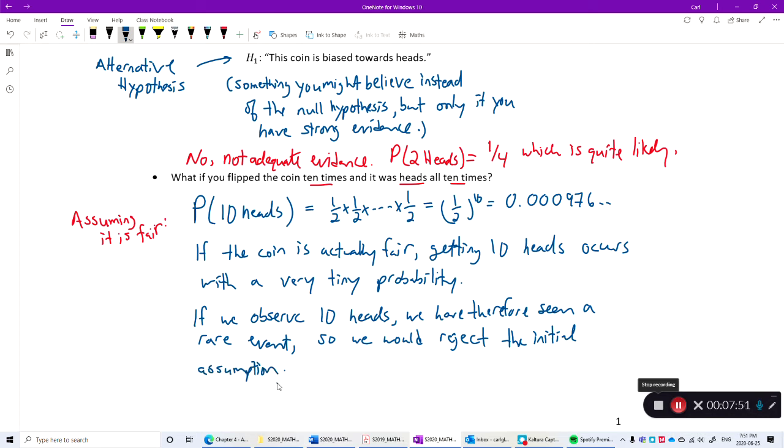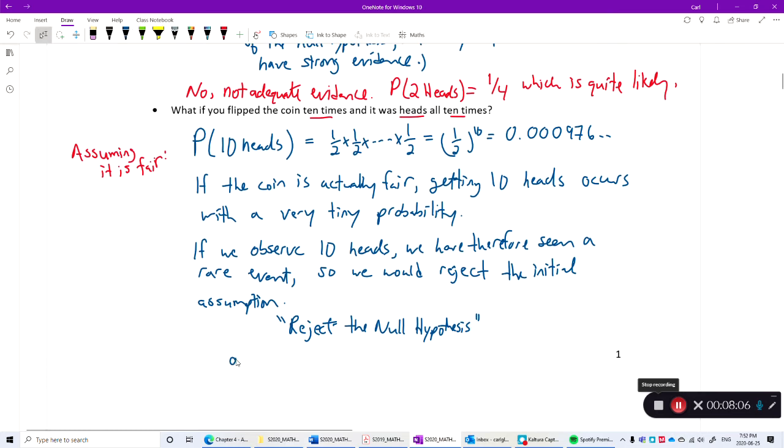So the way we put this is we say we reject the null hypothesis. And therefore, we would accept that it is biased towards heads. And we would accept the null hypothesis. Sorry, I said null, but the alternative.